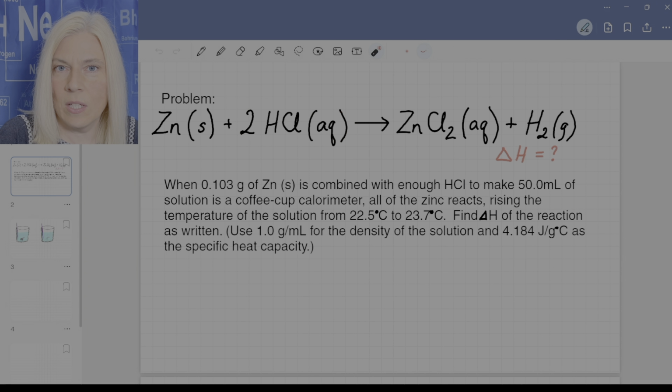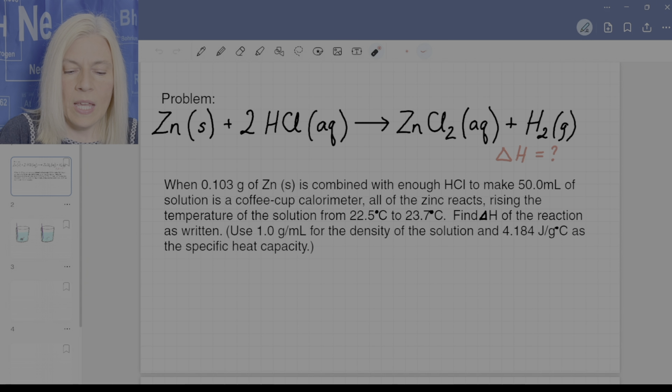If zinc is your limiting reactant, zinc will disappear and you will have bubbles, and then you will have a solution of zinc chloride left. And the question is, how much heat is involved? This reaction will actually feel warm. If you put your hand on the test tube, it will feel warm. So how much heat is released? How do we calculate that?